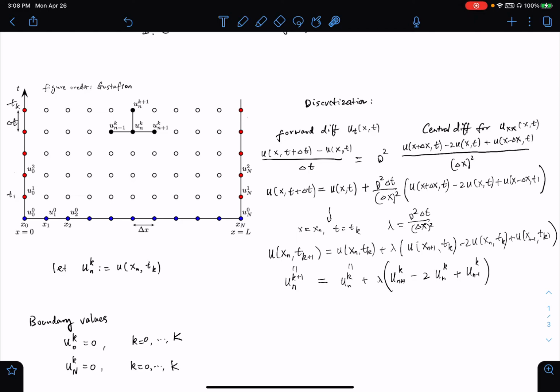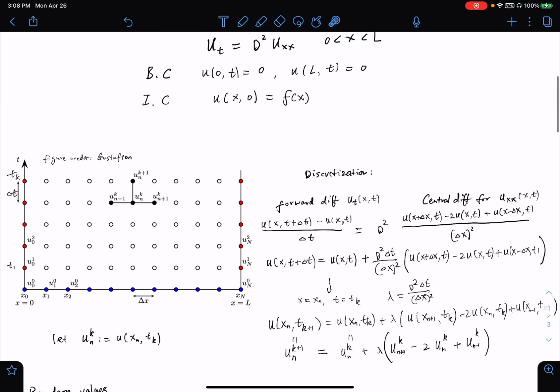So if we're calculating this value, then we can use these three values and this equation to generate it. And for this value, we can use these three values and this equation. So this is our recursion formula, or iteration formula. The current question is, do we have enough to get, at a particular time tk, all the values here? It turns out we do.